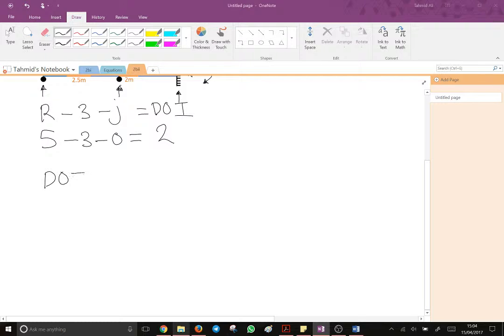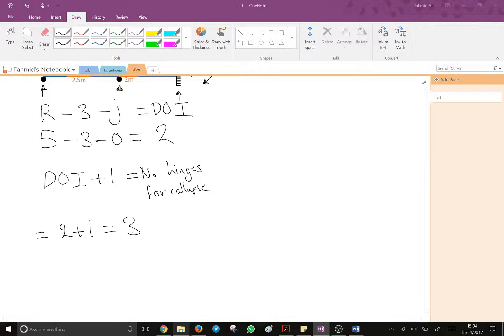So to calculate the maximum number of hinges required for collapse, it's going to be DOI plus 1, and this is the number of hinges for collapse. So that's simply going to be equal to 2 plus 1, which is equal to 3. So you need a maximum of 3 hinges for collapse.